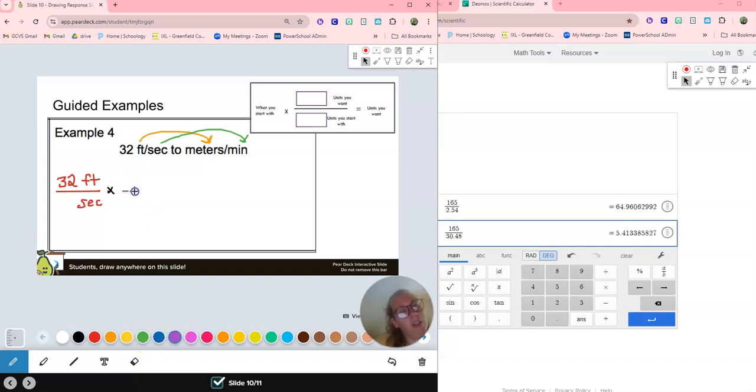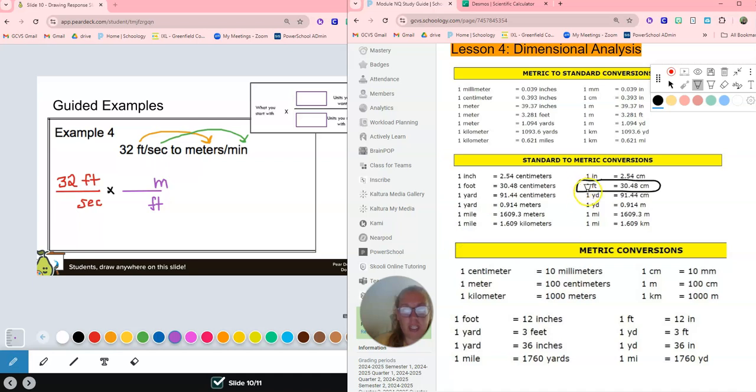The first one is going to change feet to meters. So feet is what we started with, what we're getting rid of. Meters is what we want. If we look at our sheet here, feet to meters, 1 meter is 3.281 feet.